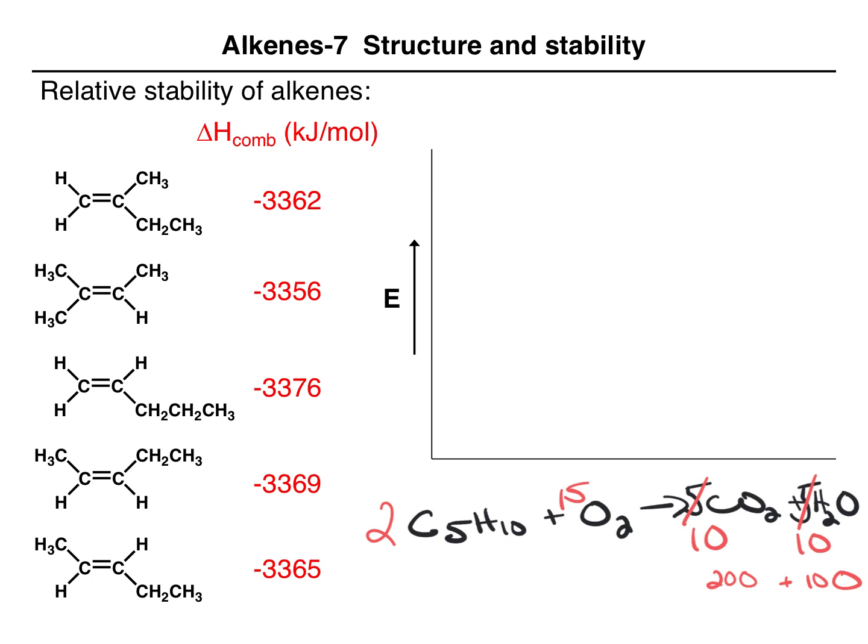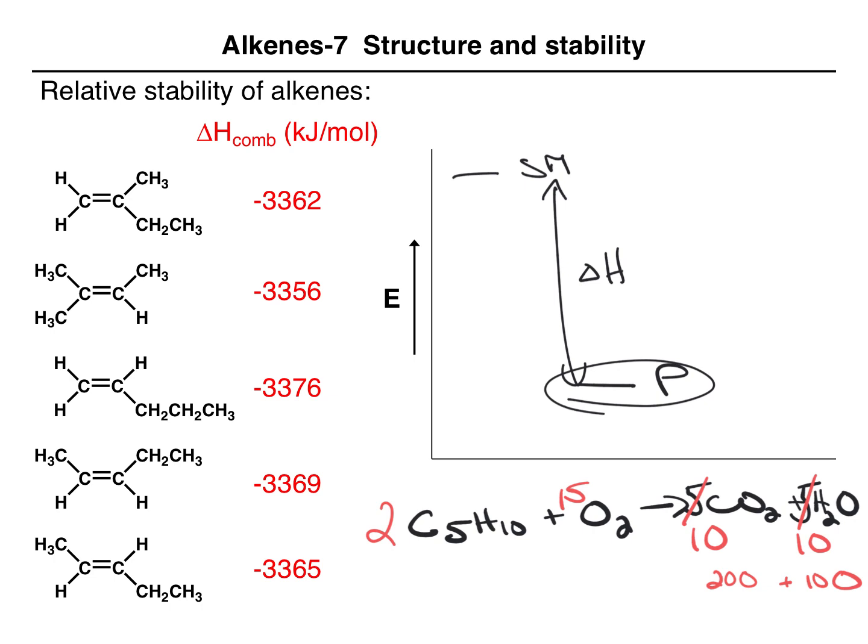But the important thing about this is that any of these isomers are going to result in the exact same products. So if we're thinking about an energy diagram, and this is our starting material, and this is our product, so this would be the delta H. Now, all of these different starting materials have the same products, so by using the delta H, we can figure out the starting point of the starting material.